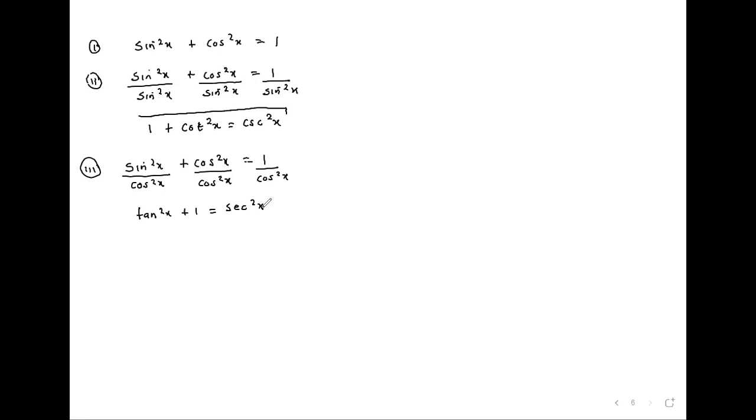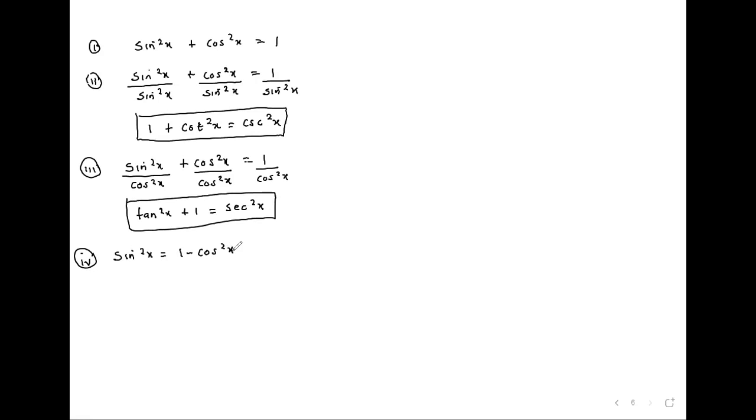This one comes from the very sine squared plus cos squared is equal to 1. If you take cos squared to the other side, we get sine squared x is equal to 1 minus cos squared x.